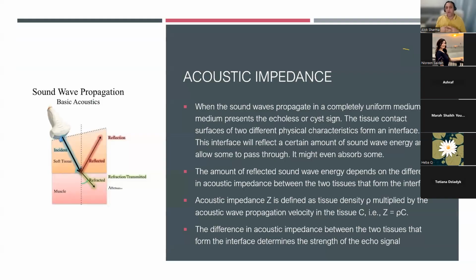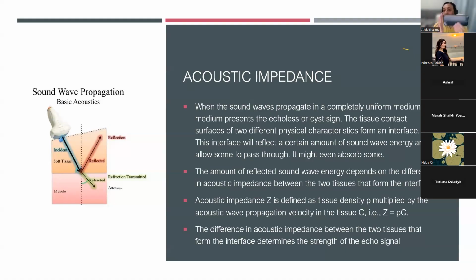The most important next concept is that of acoustic impedance. Now, what is acoustic impedance? We know that sound waves go through tissue of uniform density. If they enter the capsule of the liver, which is very densely packed, it'll be very echo bright.